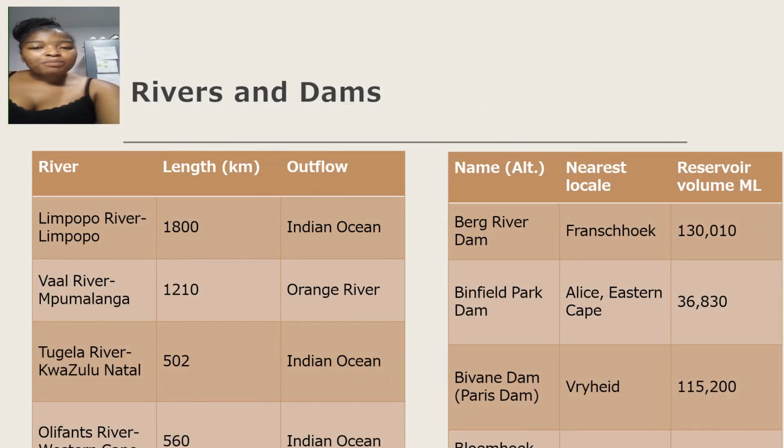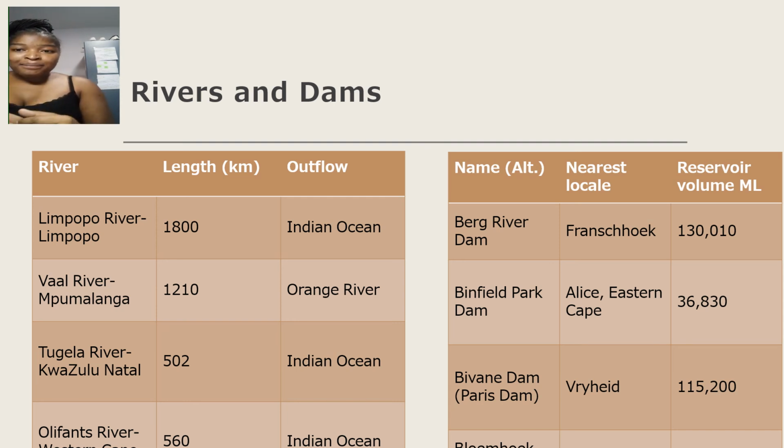And now for the last part of our lesson today, we will cover rivers and dams. For this part, I have simplified, or rather have categorized our rivers and dams in table format. The tables are divided into the name of the river, the province in which the rivers are found, the length in kilometers, and to which ocean or river they overflow. That is for the river part.